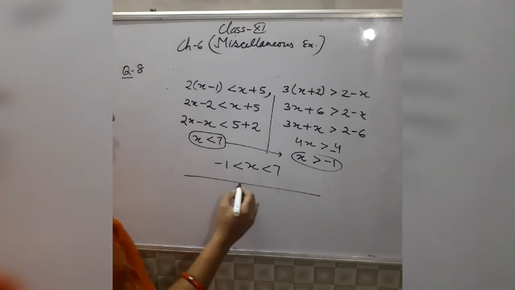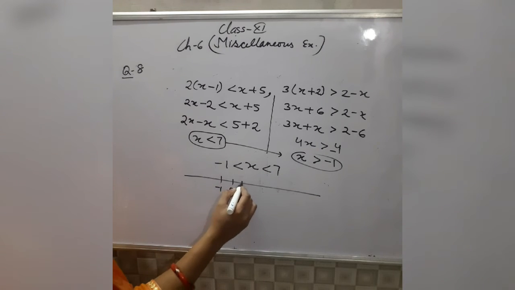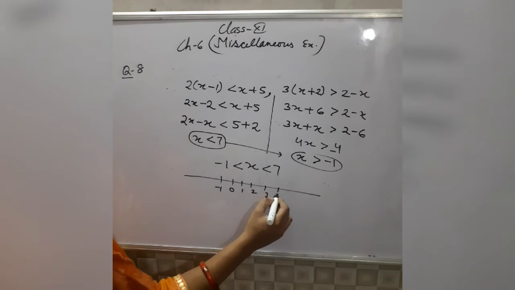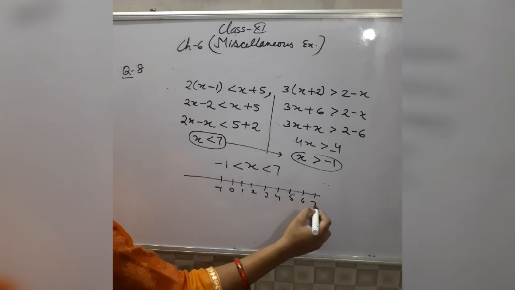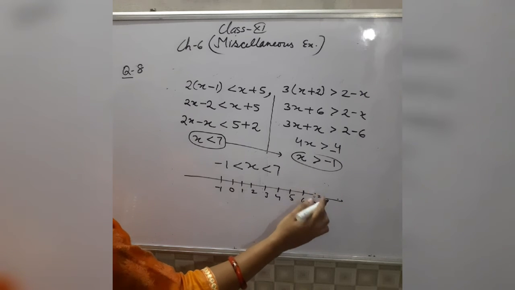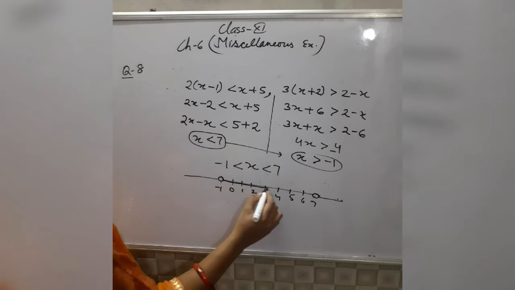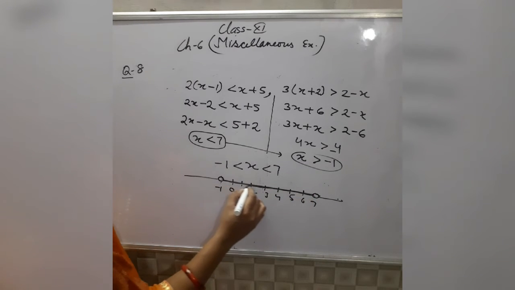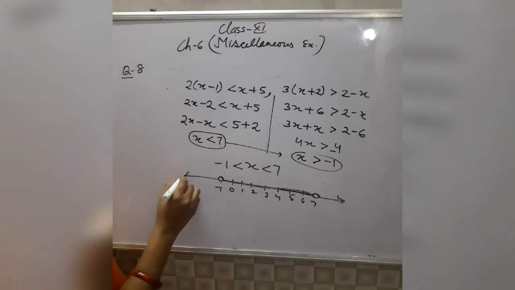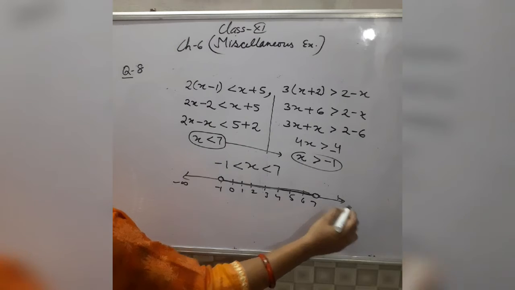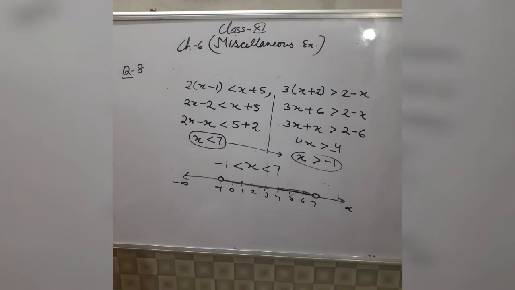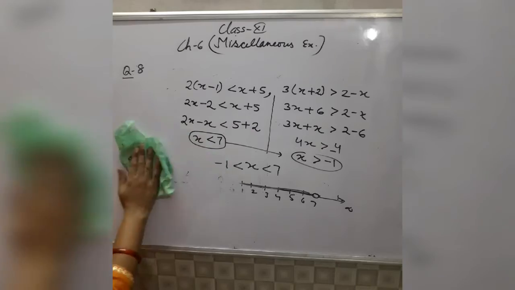Here also you can represent this solution. Let us suppose this is -1, this is 7. 7 and -1 are not included, that's why you will draw empty circles and darken the portion between -1 and 7. So this is the solution of this on the number line. So this is question number 8.